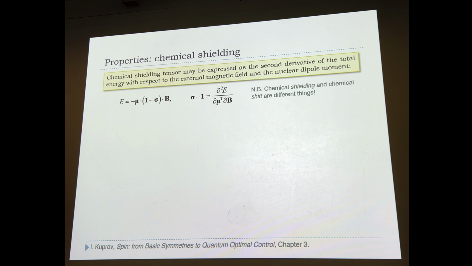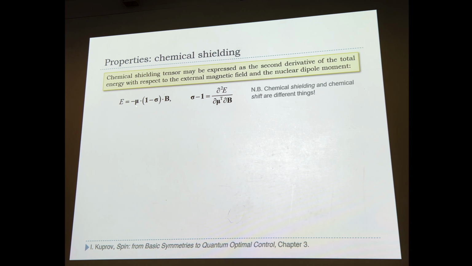And we can convert this chemical shielding to shift by calculating the chemical shielding in our molecule, chemical shielding in TMS, and subtracting the two. So essentially mimicking what chemists are doing. But all electronic structure theory packages will always give you chemical shielding, which is referenced to bare nucleus in vacuum. Okay, but let's take a look at what it is.